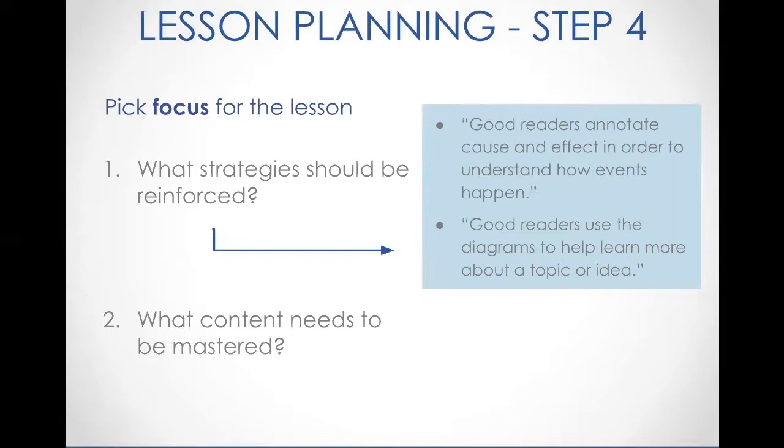So for example, a strategy in a fourth grade classroom could be that good readers annotate cause and effect in order to understand how events happen. And so they might go through, and the focus of the teaching point at the beginning would be like, okay, a lot of my annotations are gonna focus on cause and effect, but that's not the only focus of this lesson. We're also needing to think about what content needs to be mastered.